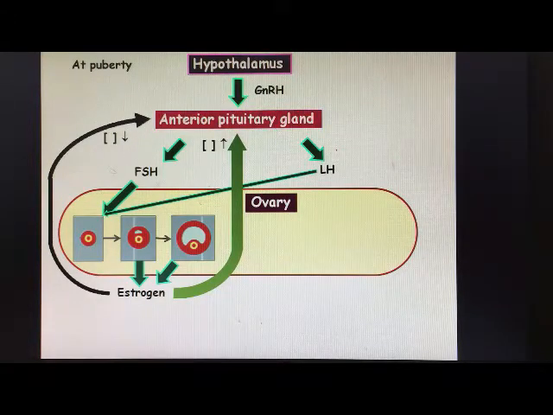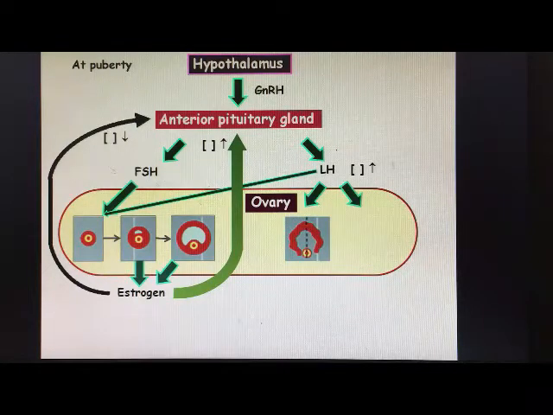So a high level of luteinizing hormone will cause 2 events to occur. Firstly, it will stimulate the process of ovulation, which causes the secondary oocyte inside the ovary to be released.